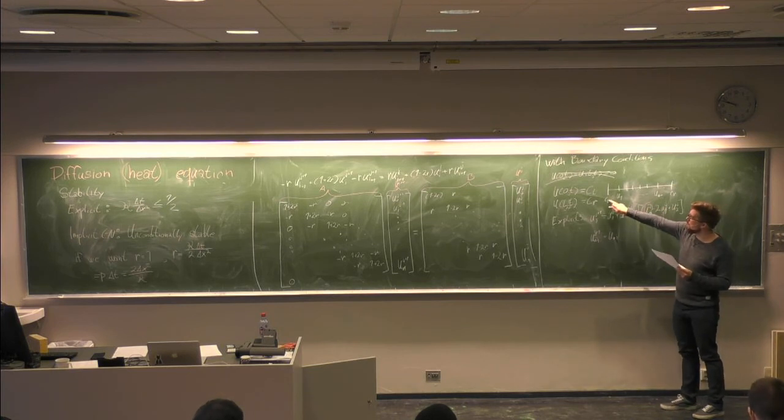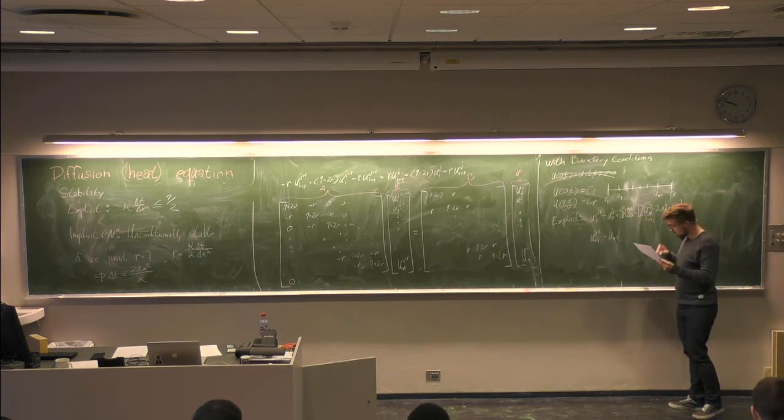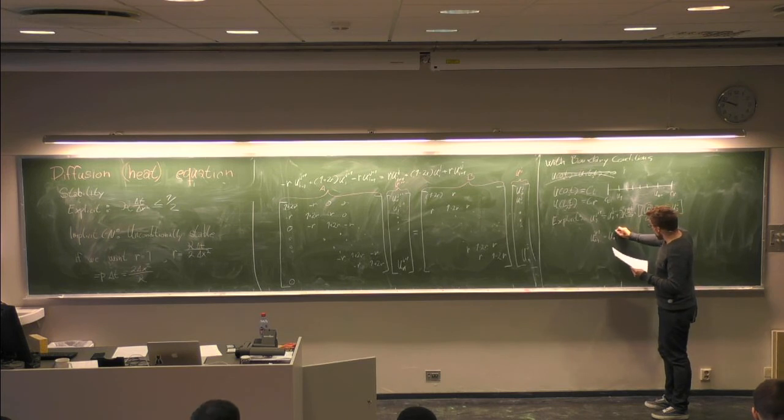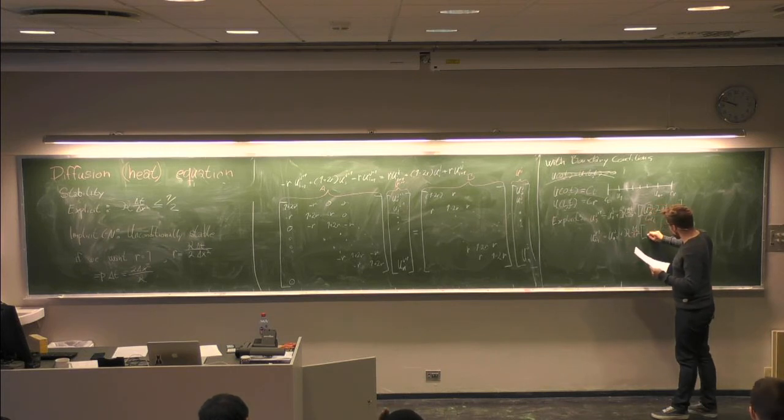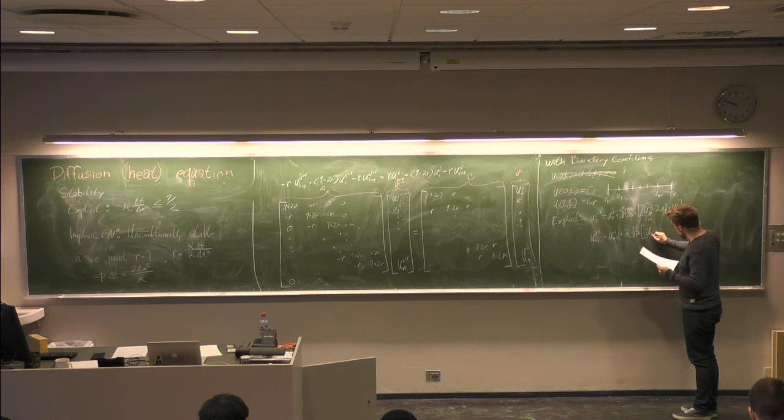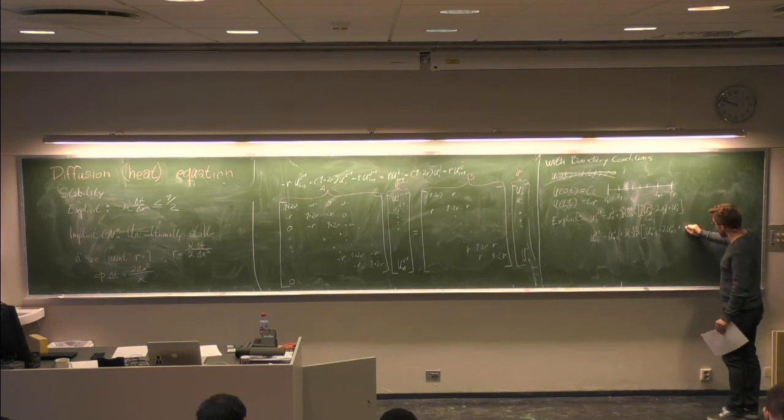It's just the endpoint, so it just has this value. j plus kappa delta t over delta x squared times U n minus 2, j minus 2 U n minus 1, j plus U n, j.